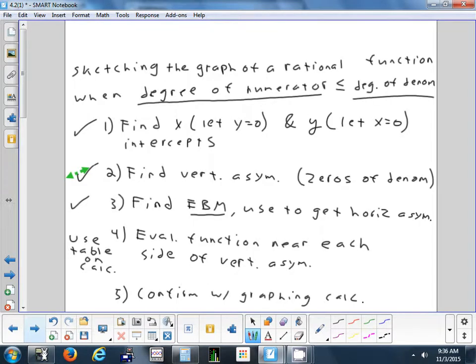So step 2. So Nick, just look up here. Find those vertical asymptotes. What do I have to do? Zeros of the denominator. Yeah, set the denominator equal to 0.